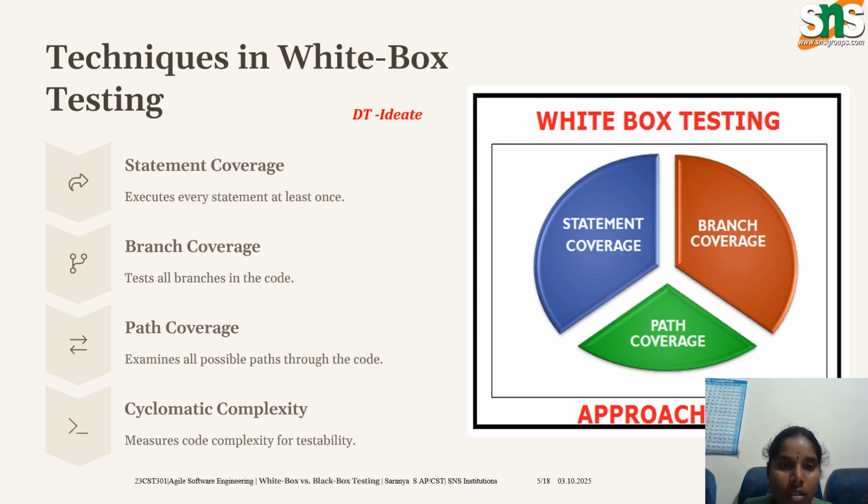Then what techniques are used in white box testing? The first one is statement coverage, the second one is branch coverage, the third one is path coverage, and the fourth one is cyclomatic complexity.